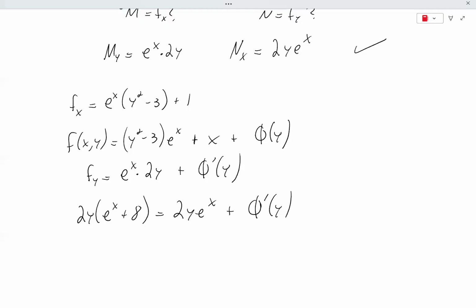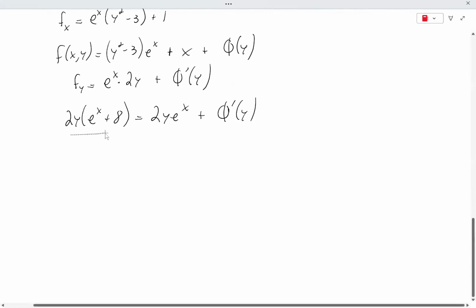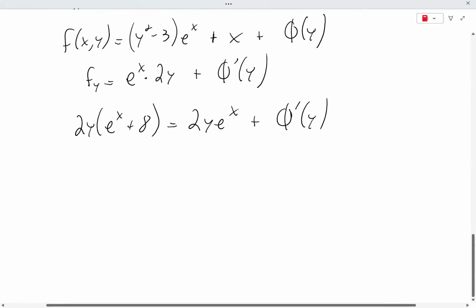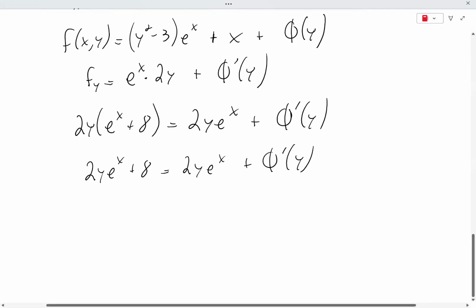Oh, I lost my train of thought. Okay, we had this up here, we put it on the left side. Now if you distribute this out, you get 2y e to the x plus 8 equals 2y e to the x plus phi prime of y. These have to cancel and get rid of the y's here.